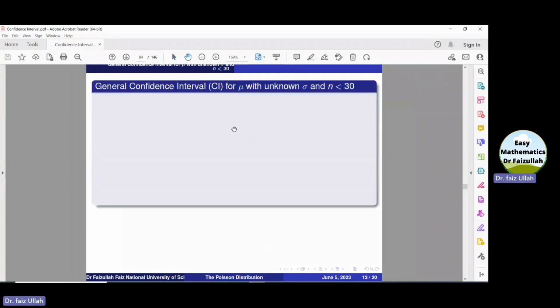This is another case when sigma is unknown and n is less than 30. The formula is very similar to the previous case, but instead of normal distribution, here we use t distribution, and the value of this can be obtained by using t table.